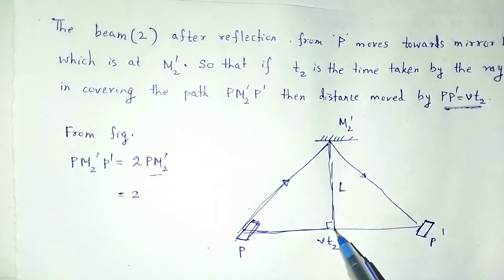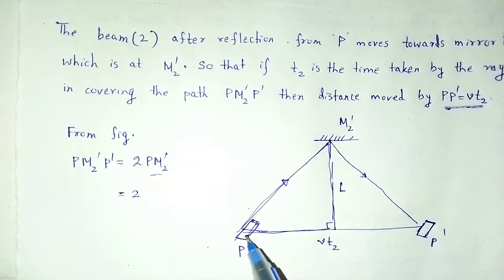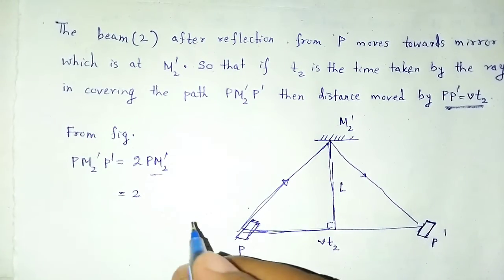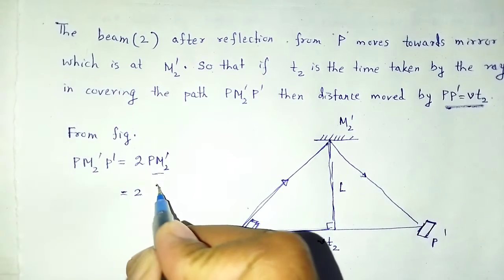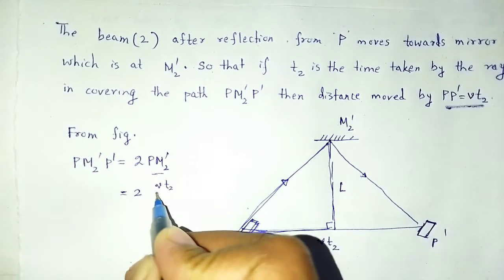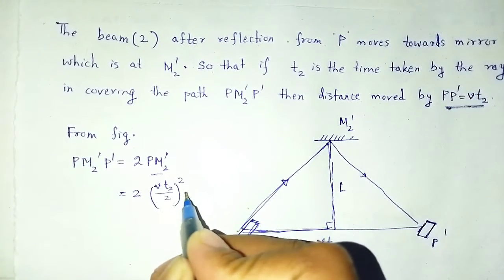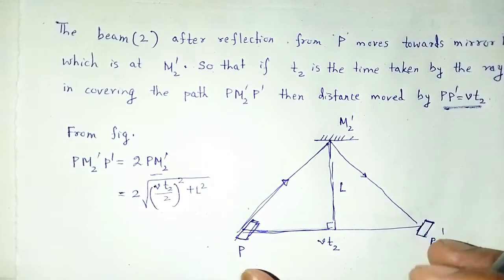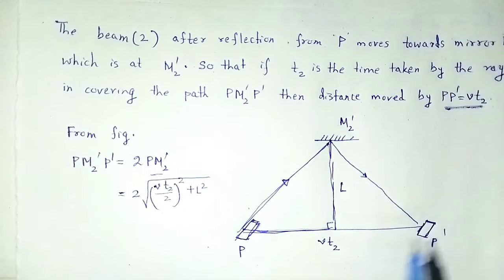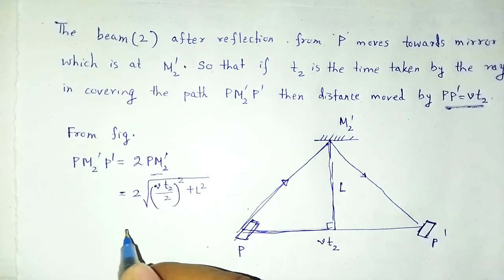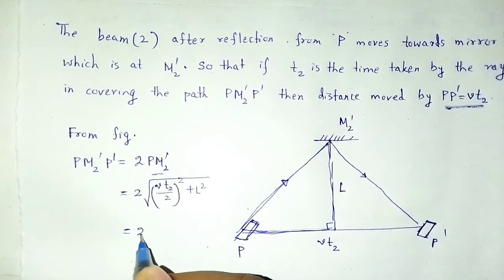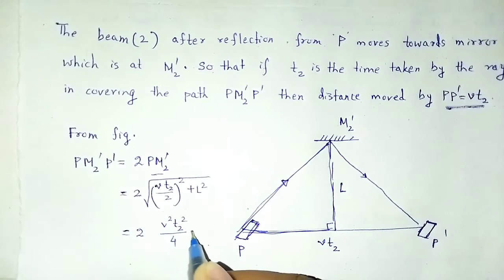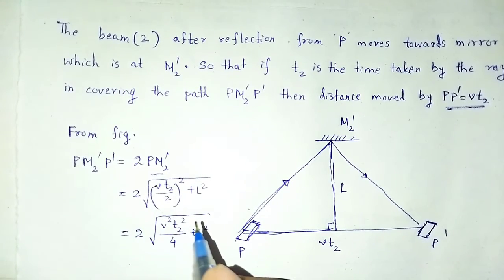In that triangle, this is the hypotenuse, this is the base, and this one is the perpendicular, length and base. Using Pythagoras theorem, the square root of (V T2 divided by 2) whole square plus L square, this distance is half of that, so 2 times the square root of V square T2 square divided by 4 plus L square.